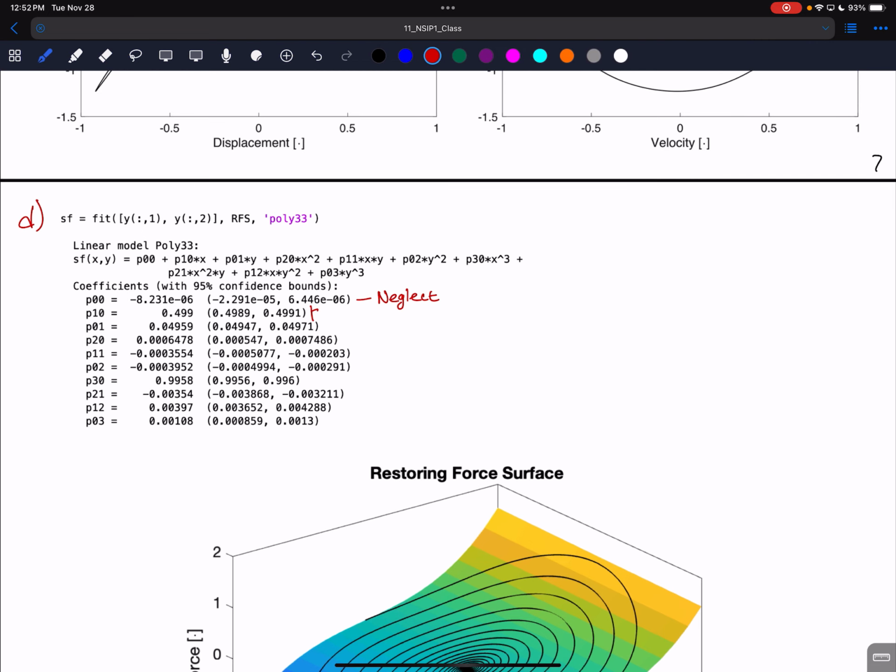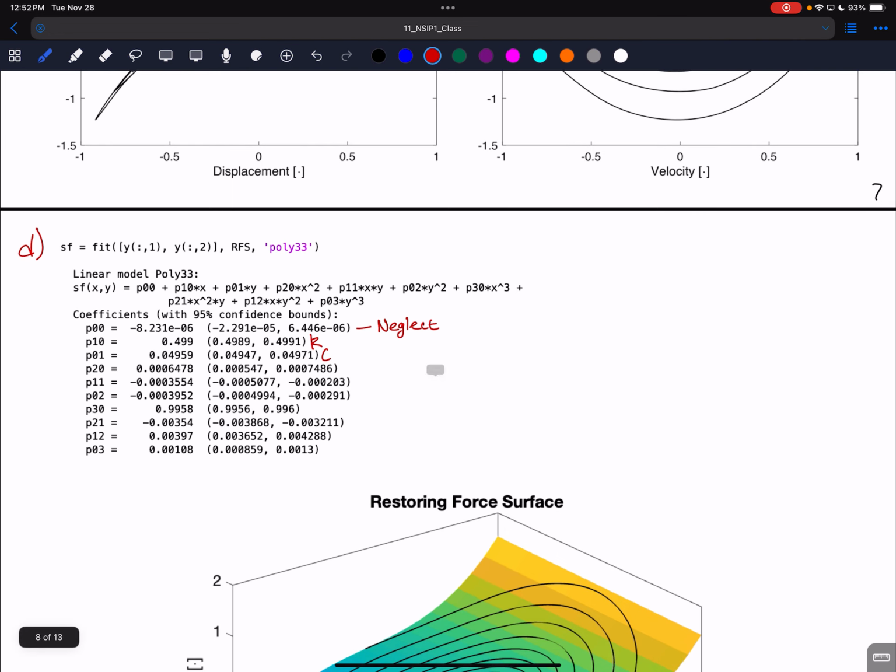So we have K and C. Fourth term is very small, so we'll probably just neglect that. Same with the next two terms, we'll just neglect those. And then the P30 term, that is our alpha value, and the rest of these we would just neglect, given how small they are in general.